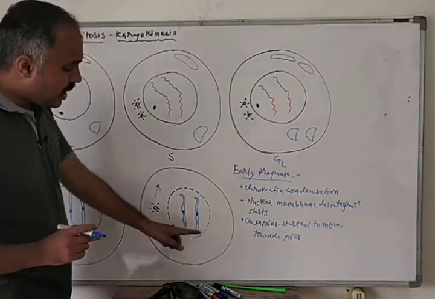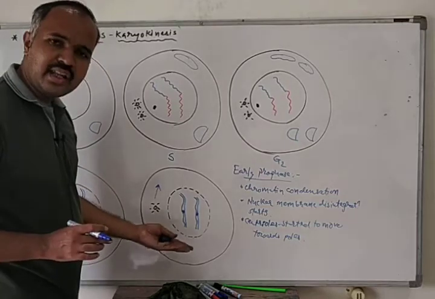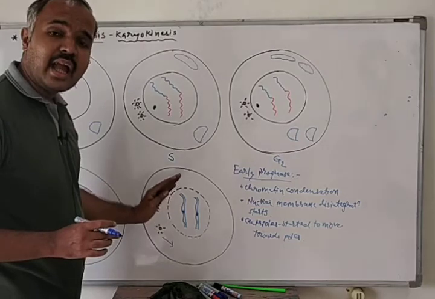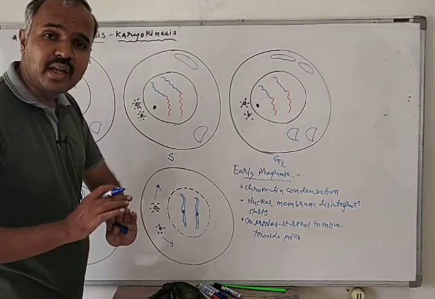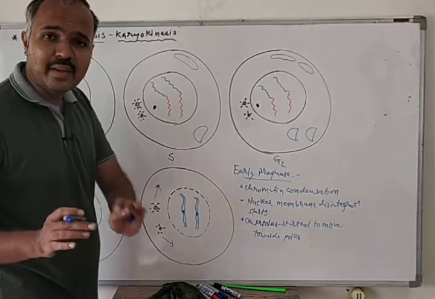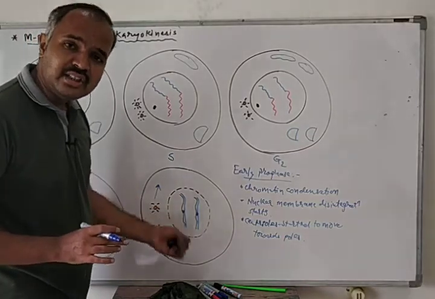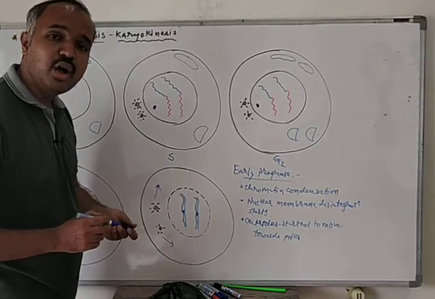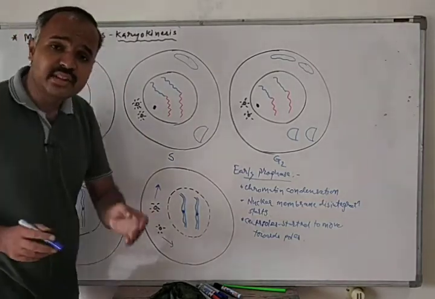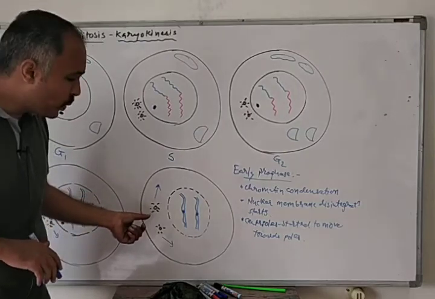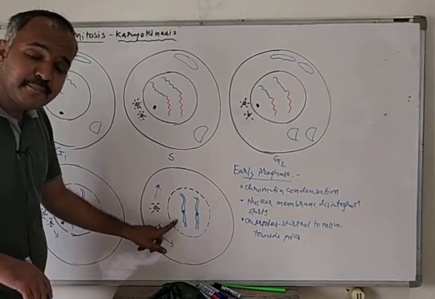Then I have not drawn anything apart from this, but the Golgi body and endoplasmic reticulum have been lost, or they are disintegrated or removed. So what are the key events of late prophase? In the late prophase, centrioles are still moving towards the pole. Nucleolus is absent.